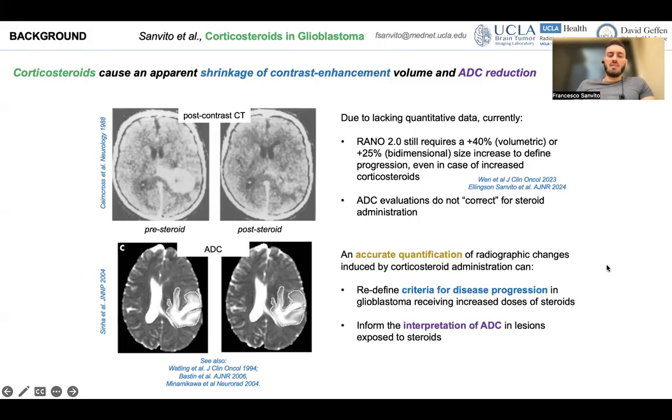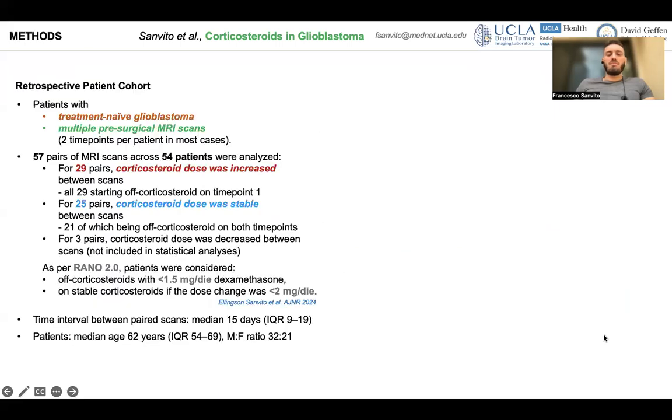So quantifying these phenomena and starting to create benchmark values of how much shrinkage and diffusion drop we're expecting with corticosteroids is important, because we could redefine criteria for disease progression in case of corticosteroid administration. And we could interpret ADC more accurately if we know these phenomena.